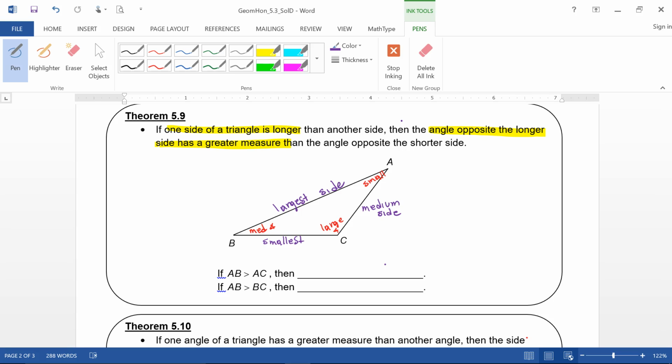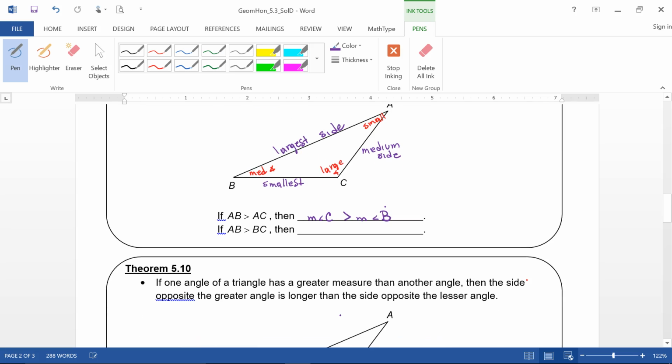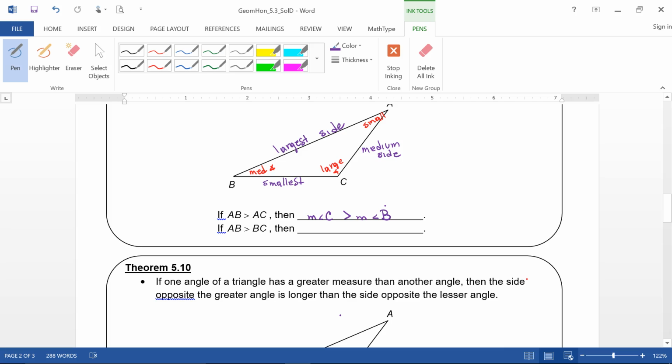Here. Measure of angle C is greater than measure of angle B. Okay? And here, if AB is greater than BC, then measure of angle C is greater than measure of angle A, okay? If we're using BC, then A is the opposite angle.